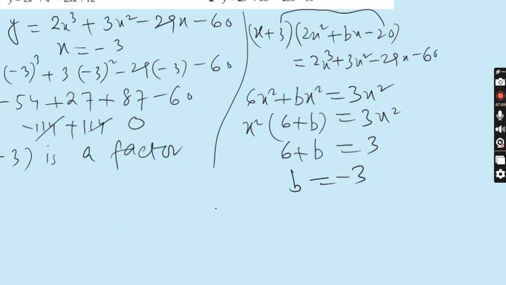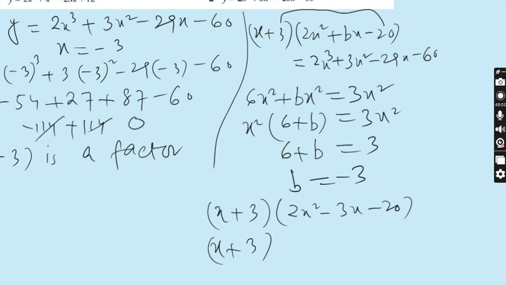So our equation reduces to x plus 3 times 2x square minus 3x minus 20. Apply the middle term break method. 20 times 2 is 40, 8 times 5 is 40, and 8 minus 5 is 3. So 2x square minus 8x plus 5x minus 20.